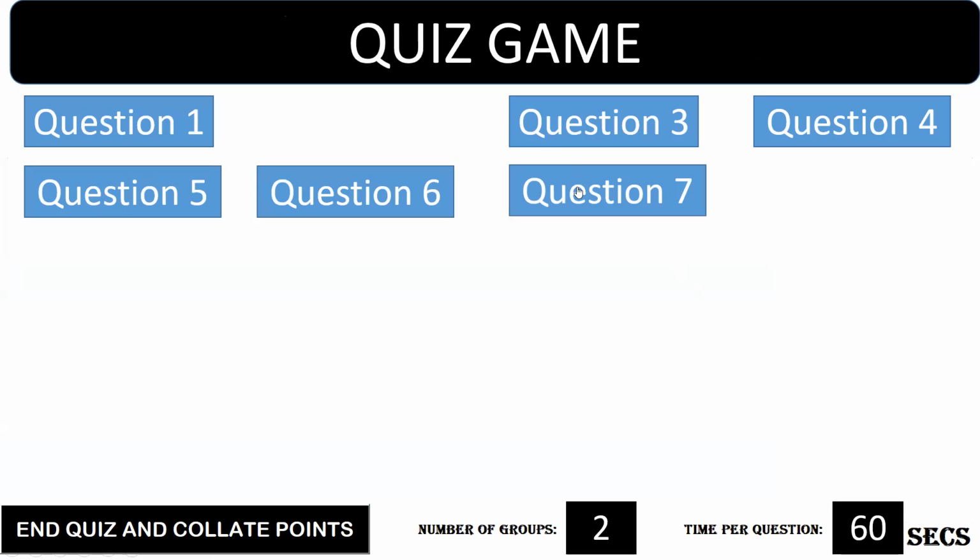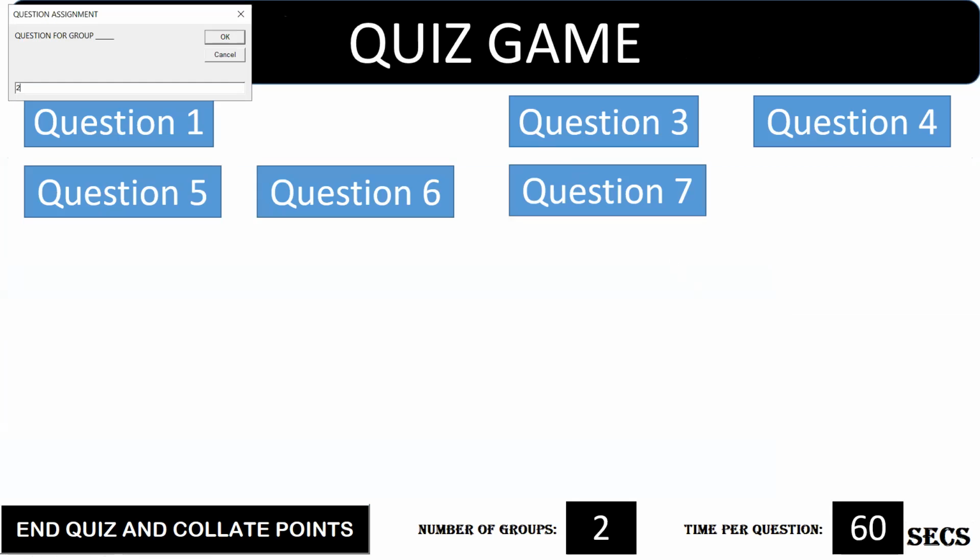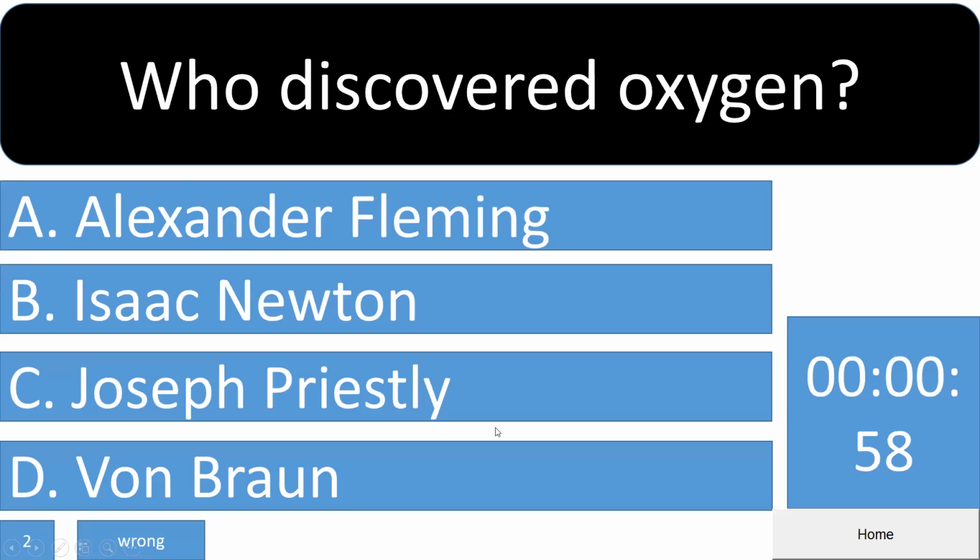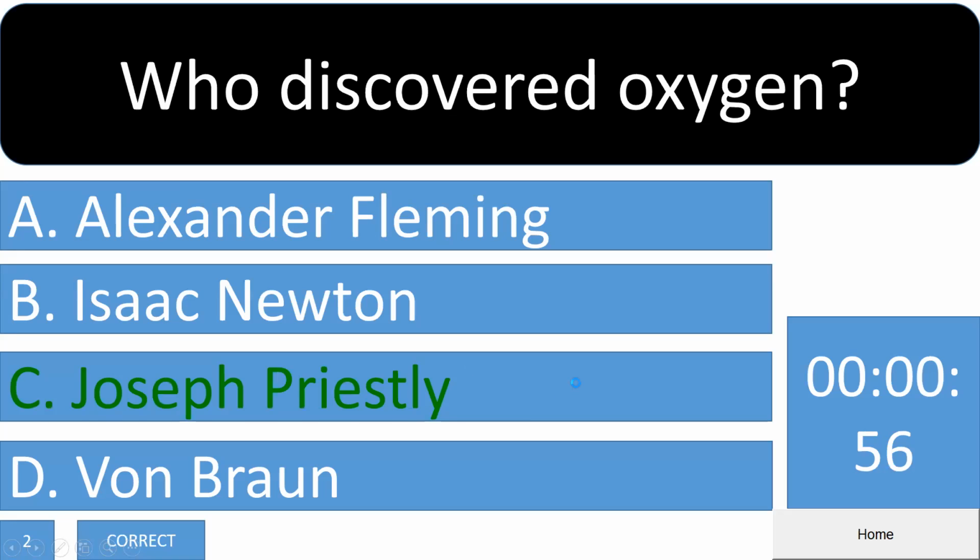So question 7 is chosen by group 2 this time. So I'll take question 7 and tell PowerPoint it should be answered by group 2. Who discovered oxygen? Joseph Priestley, correct.